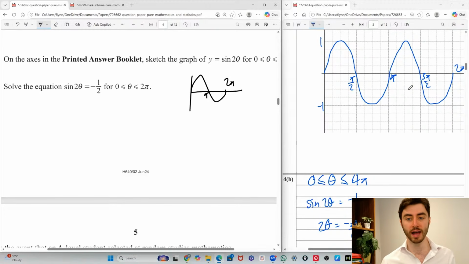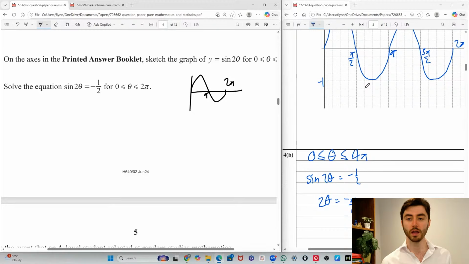So from the graph, you can kind of see, if I draw on the -1/2, that would cross twice between pi over 2 and pi, and twice between 3 pi over 2 and 2 pi, where that difference is going to be pi over 6. So I would expect it to be, well, that's for the final answer. Am I doing too much? No, it's probably going to be pi over 12.